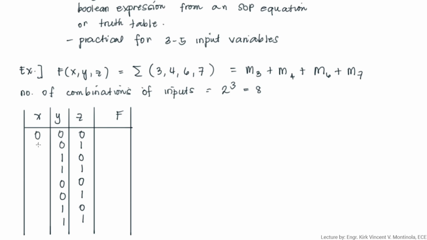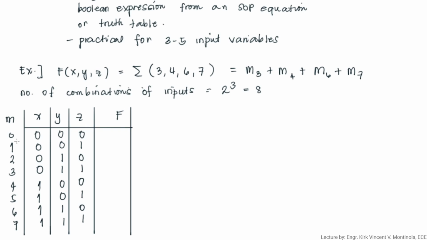So you have zero, zero, zero, zero, and then one, one, one, and one. And then label the minterms that involve these input functions. So we have the minterm m. We label this one as 0, 1, 2, 3, 4, 5, 6, 7.